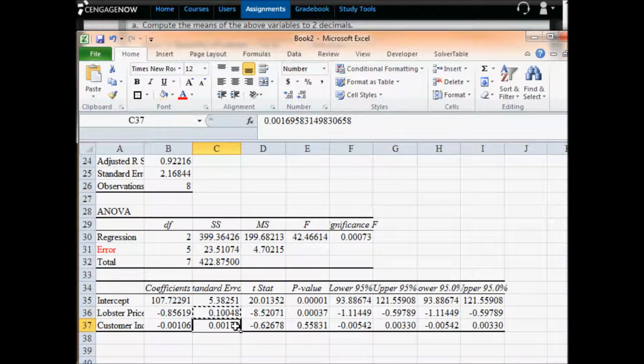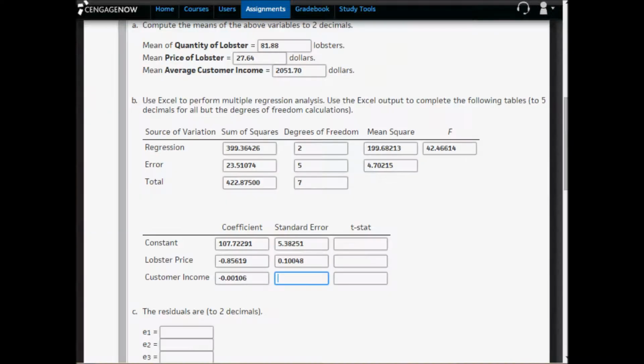And the standard error of customer income's estimated coefficient is 0.00170. So you can think of these estimated coefficients as analogous to the x bars, the sample means we computed in Chapter 9 to estimate mu, the true population means. And these are the standard errors.